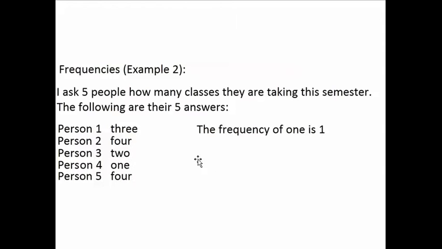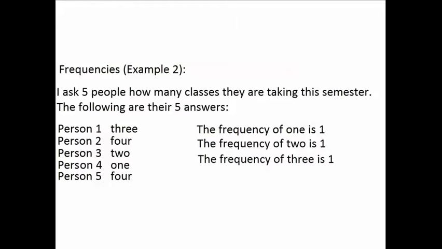Since this value of 1 appeared 1 time in the data set, 1 has a frequency of 1. Since this value of 2 appeared 1 time, 2 has a frequency of 1. And since this value of 3 appeared 1 time, 3 has a frequency of 1.